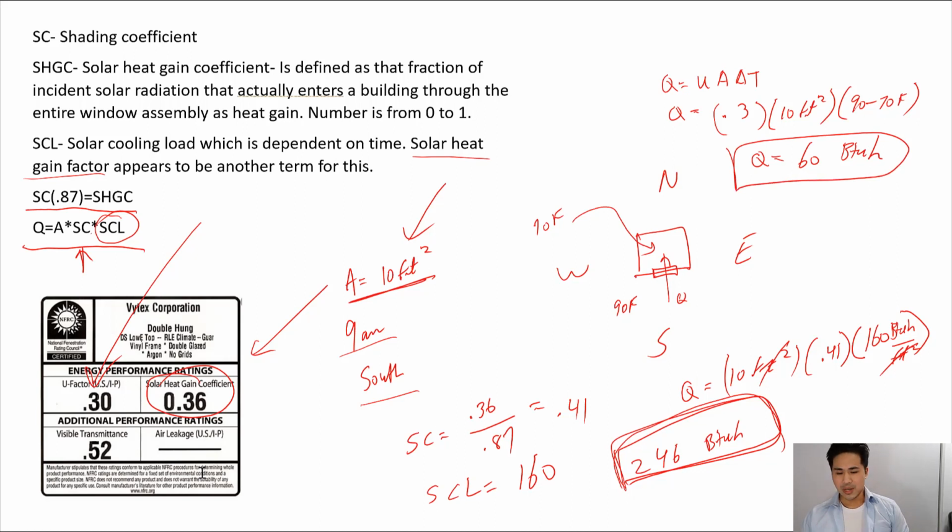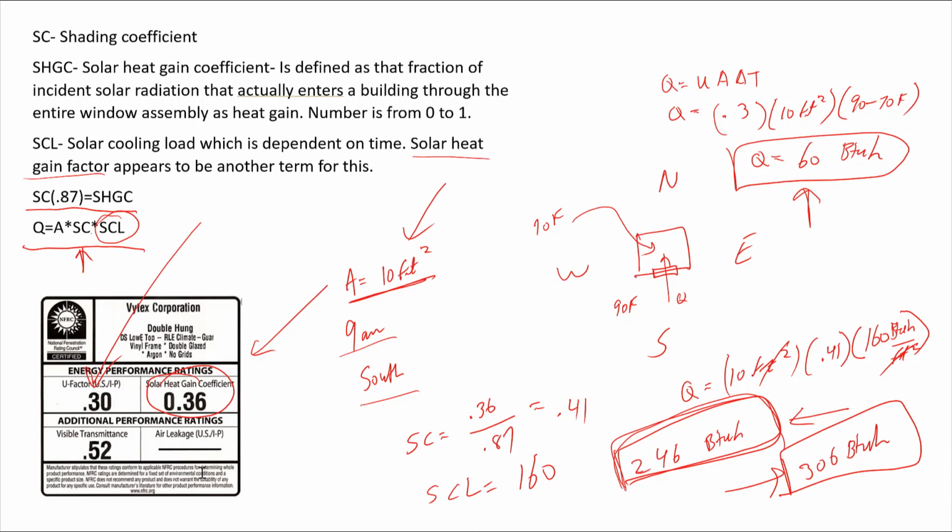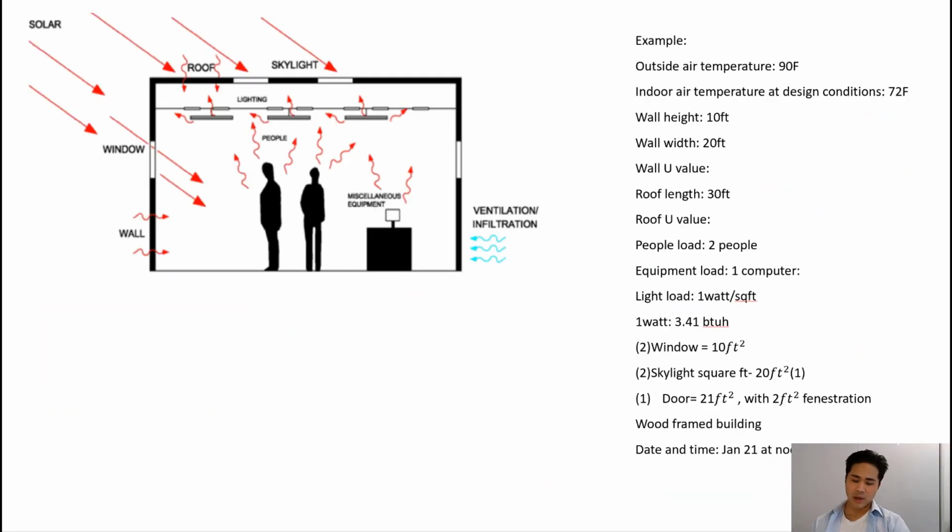So the total heat transfer through this window will be the sum of the heat transfer from conduction plus the heat transfer from radiation. So in this case it's 246 plus 60, which is going to give you 306 BTUs per hour heat transfer total across that window. Okay, now we're going to do an example that's a little bit more involved.